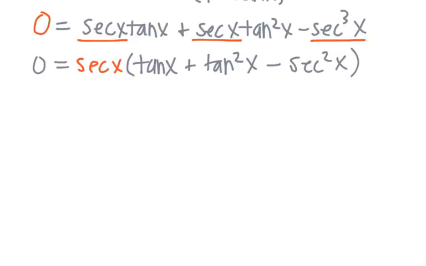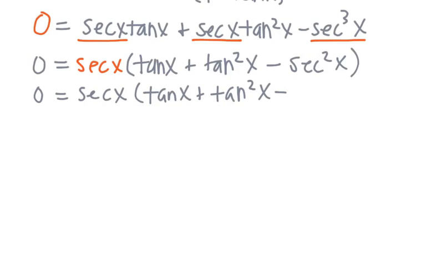So it makes more sense for us to get rid of this extra function that doesn't fit in with the rest of what's in this parentheses. So where secant squared x used to be, I'm going to plug in that Pythagorean identity, and I'm going to make it say 1 plus tangent squared x instead.